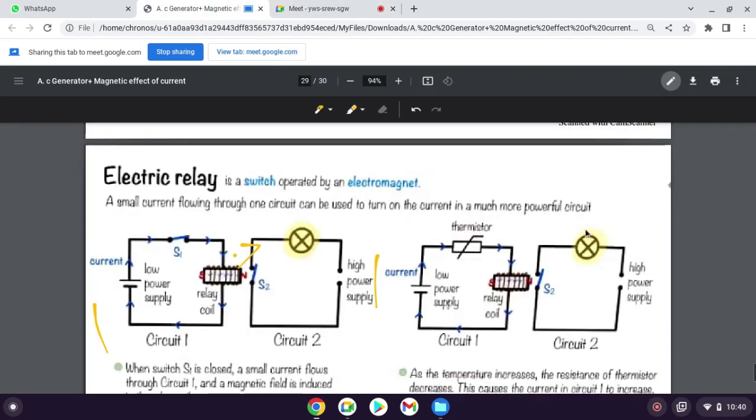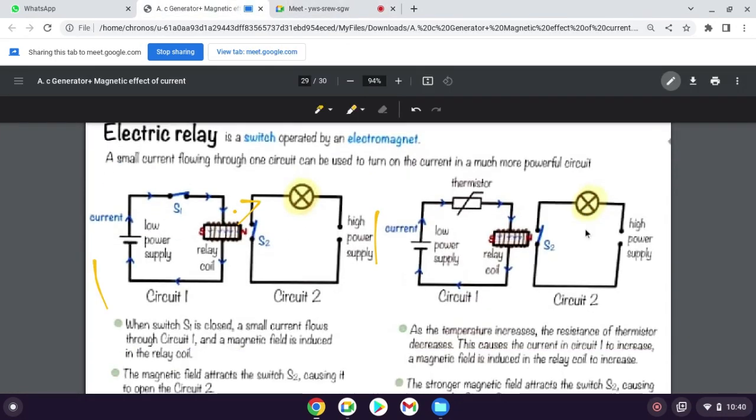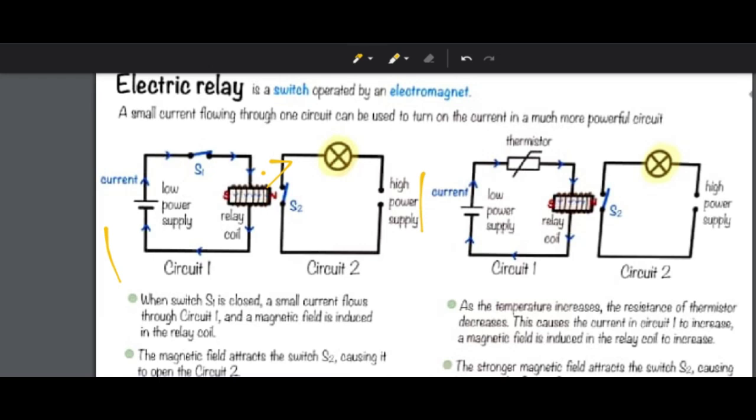Yes. And when current is moving, magnetic flux is induced, and that flux is transferred to circuit 2, and because of that, the bulb in circuit 2 will light up. So it is not the current but the induced EMF, the induced magnetic flux that is transferred to circuit 2, causing the light bulb to turn on. The temperature increases the resistance of the thermistor and the bulb will light up.